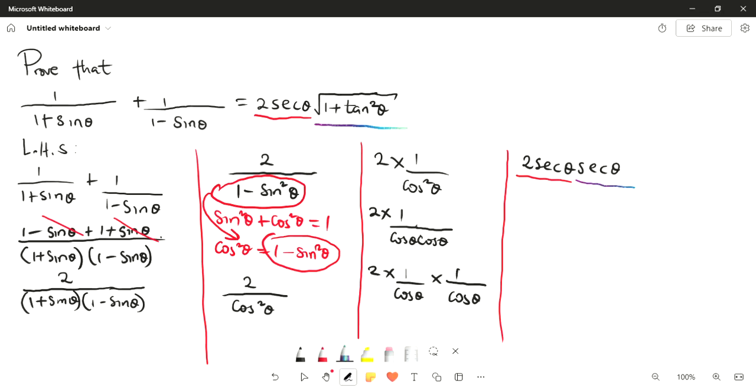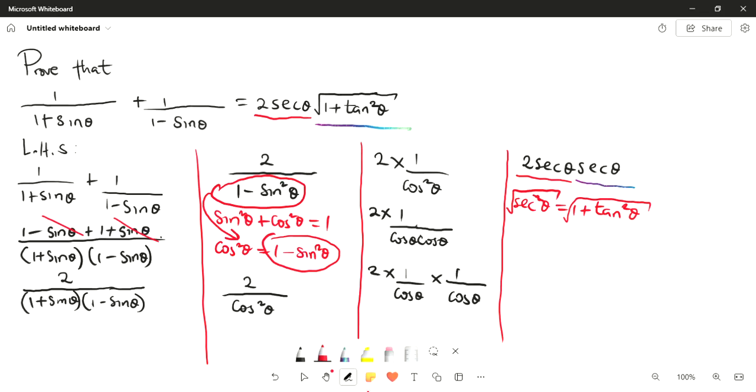So this is how we can transform sec theta into the square root of 1 plus tan squared theta. So there's no problem, because we'll be guided by identities. So we can recall that sec squared theta from the Pythagorean identities is 1 plus tan squared theta, such that if you want to obtain sec theta, you have to take the square root of both sides to get rid of the square on the left.